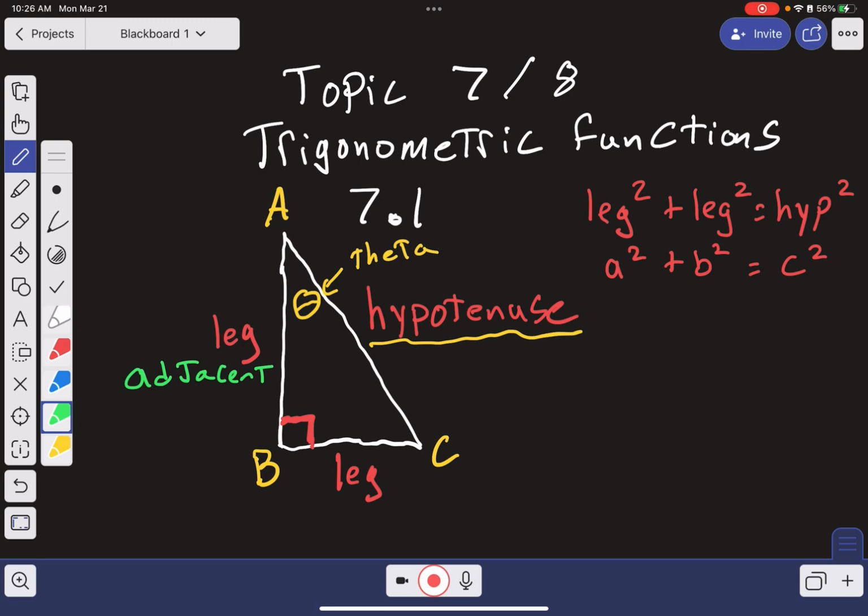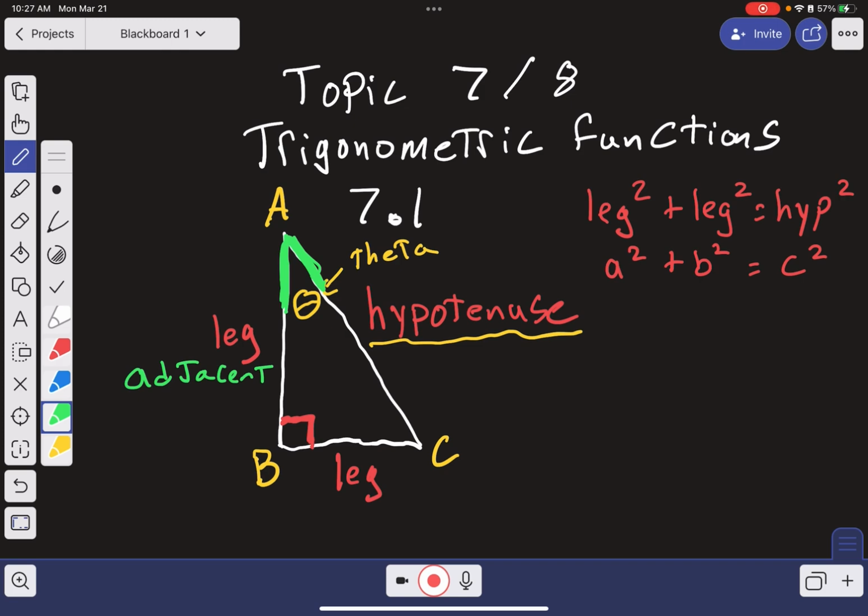Now, how do I know that that's the adjacent side? Adjacent is the side that forms the acute angle that we're given with the hypotenuse. So the adjacent side forms the angle with the hypotenuse. That's what we're going to call the adjacent side.